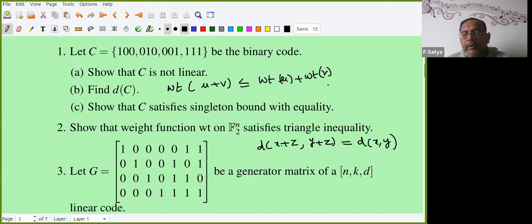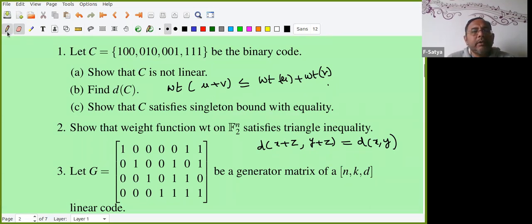Yes, distance of x plus z comma y plus z equals distance of x comma y. It is easy to see, right? I'm adding the same vector to both of them, and again the distance will not change. So by using this, we can prove this easily.